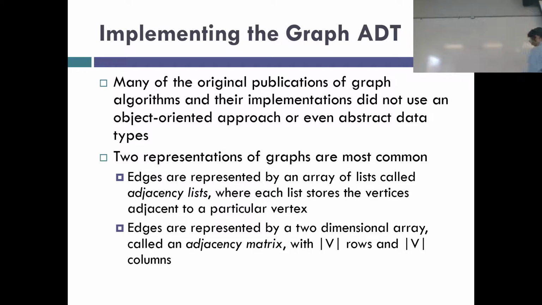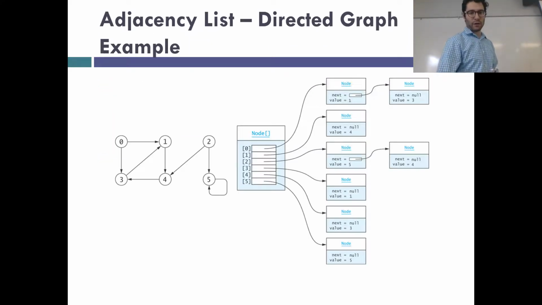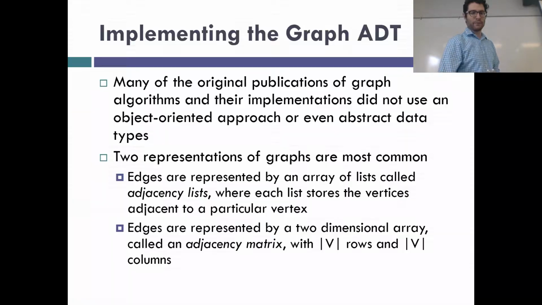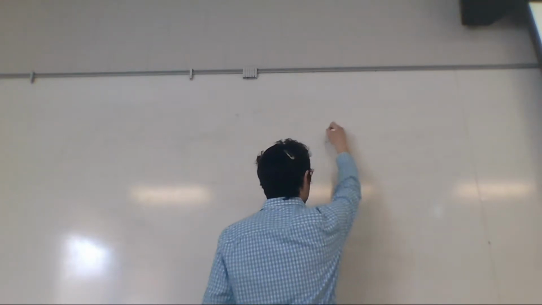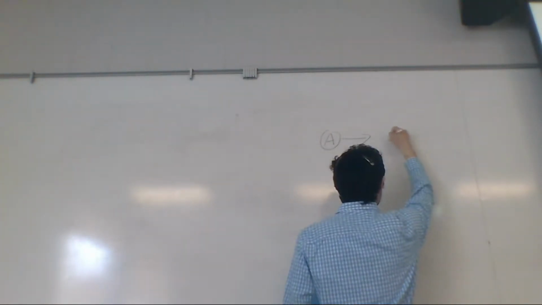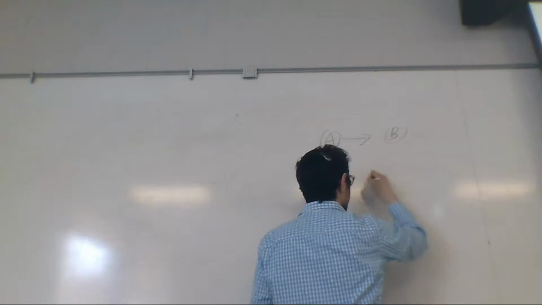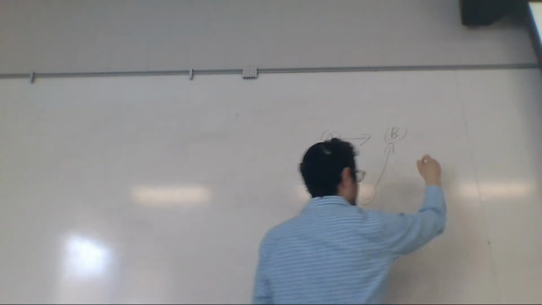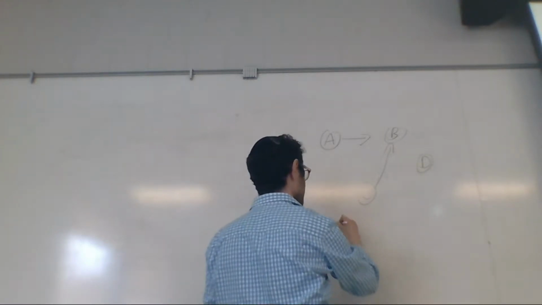The first is an adjacency list. Basically, we keep a list of all the nodes that we are adjacent to. So if I've got a graph where I've got A, B, and C, and then I've got D all by itself, my adjacency list might look like this.